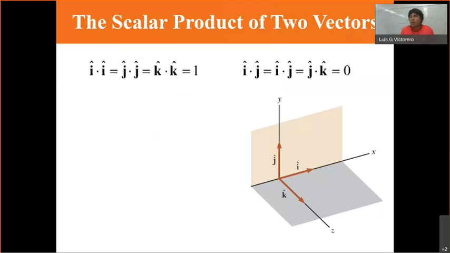However, if you are doing the dot product of I and I, J and J, K and K, like here, then that's 1, right? Because the magnitude of the unit vectors is 1. So the magnitude of K is 1, and the cosine between K and K is 1.